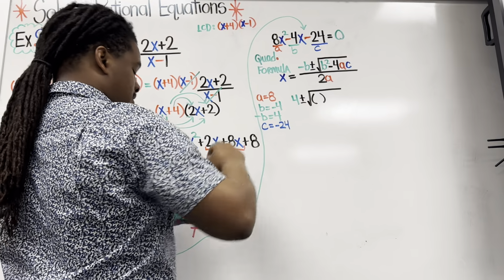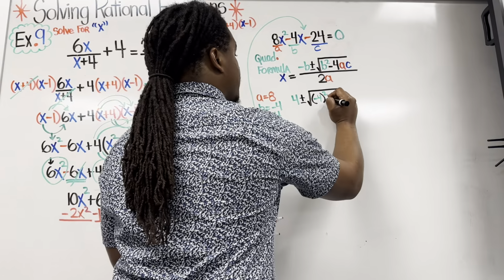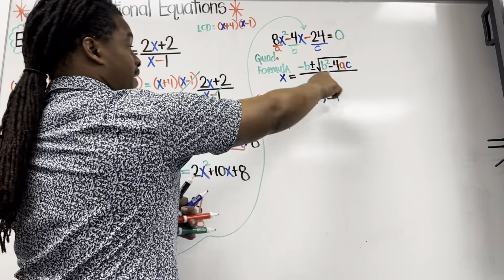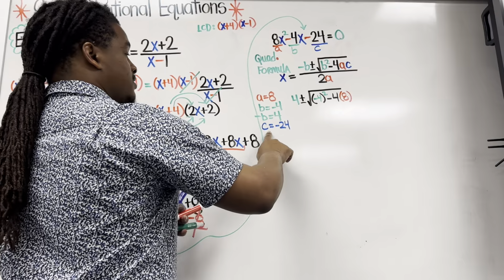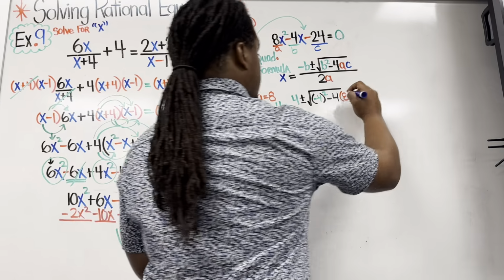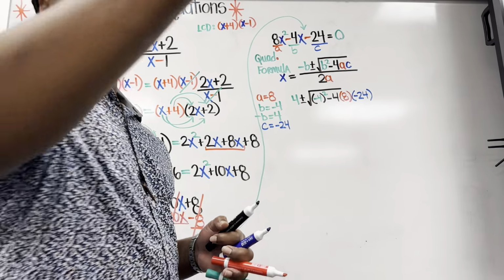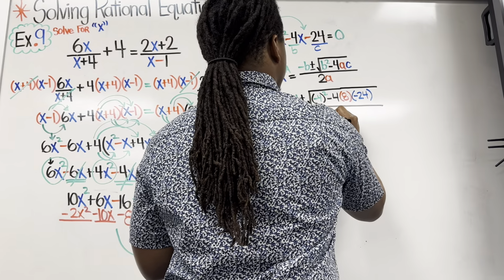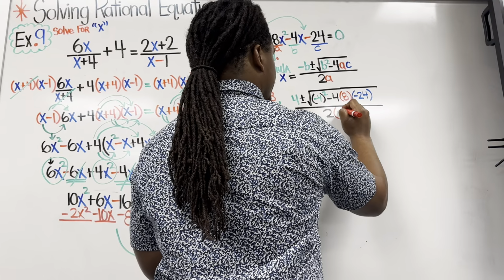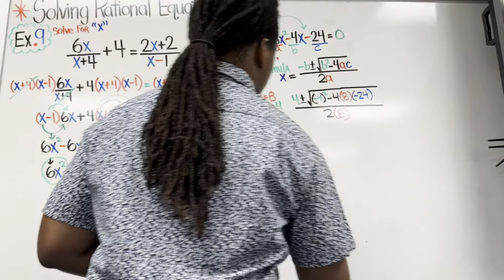B is -4, so it's -4 squared, minus 4 times a, which is 8, times c, which is -24, all over 2 times 8. Now we can start simplifying.